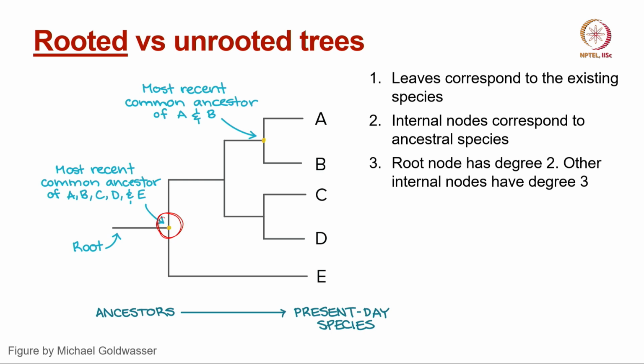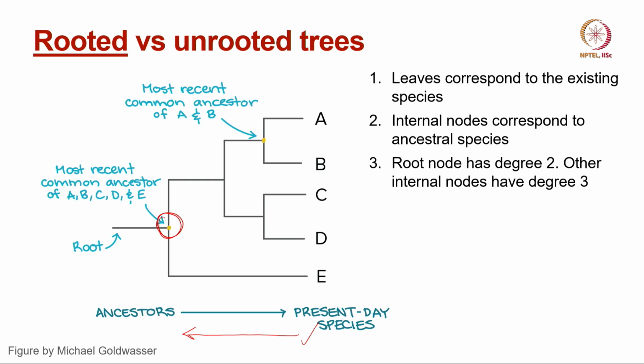As you go from leaf towards root, you are moving from present to past. That is, you are looking at the present day species and you are moving towards the past. Similarly, a path from root to a leaf node gives you an evolutionary path of how that species evolved over time.